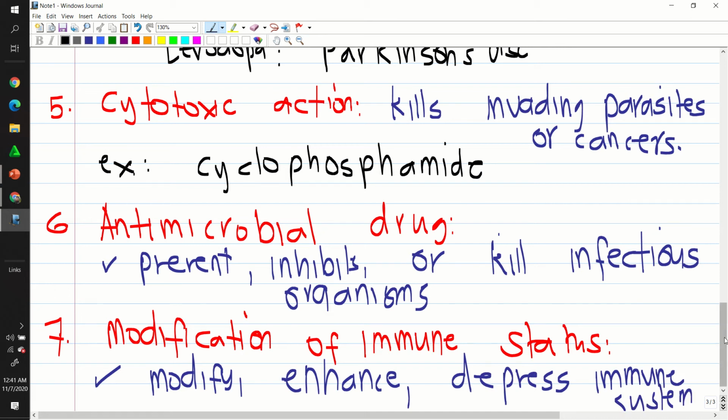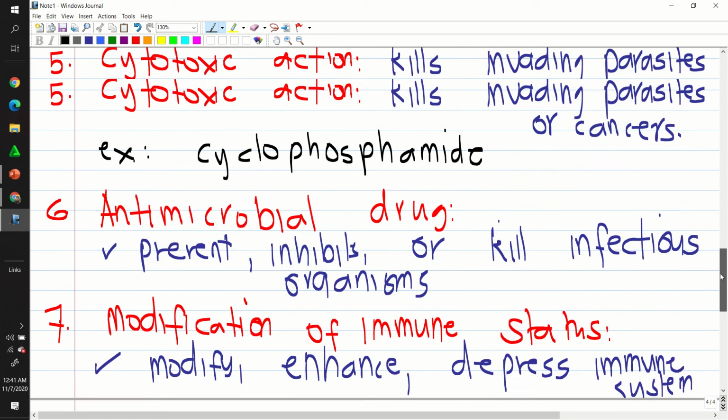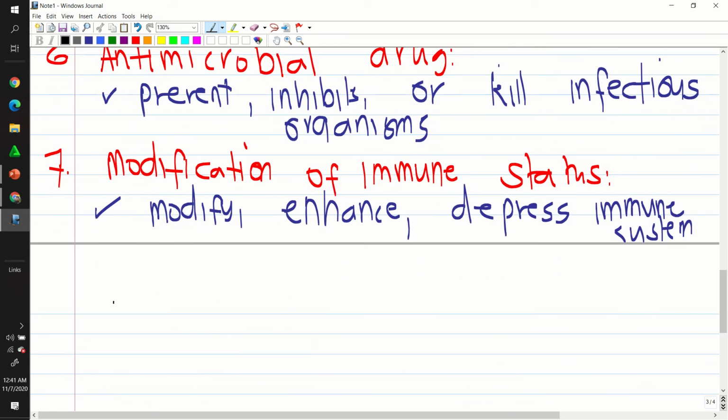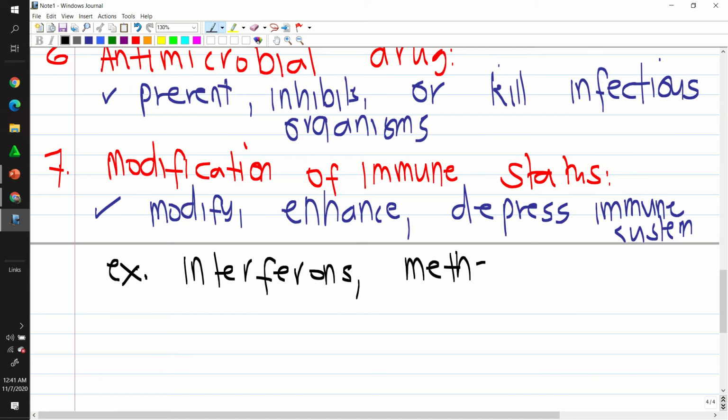A good example of the modification of your immune status is interferon and methyl peroxide. So those are the seven different mechanisms of drug action.